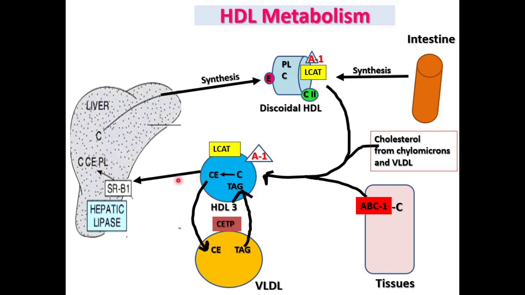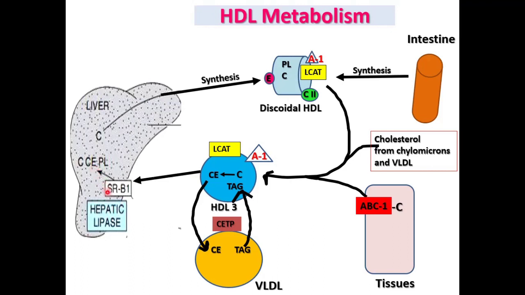This mature HDL then returns to the liver where cholesterol esters are selectively taken up by HDL, probably by the LDL receptors known as the scavenger receptor B1. HDL binds to this receptor by the ApoA1, and cholesterol ester is selectively delivered to the liver cells.